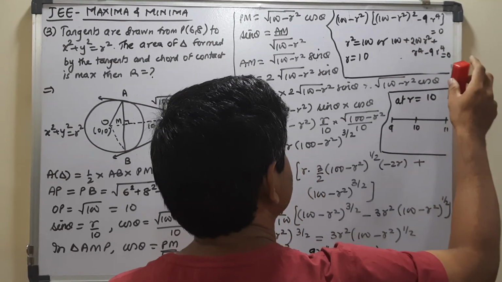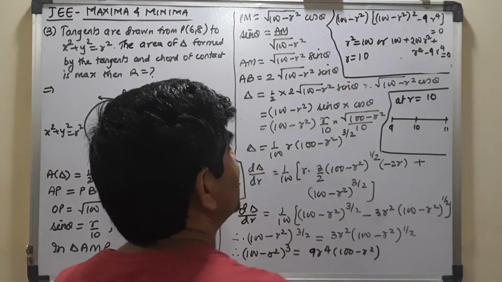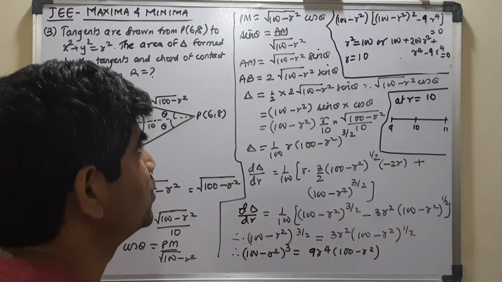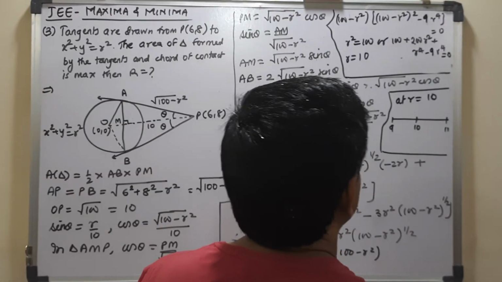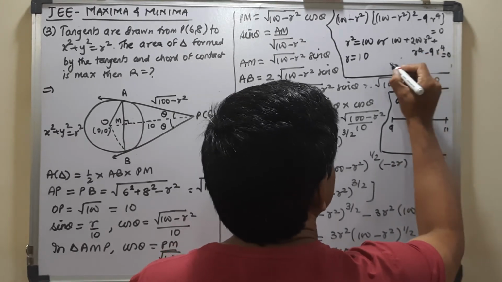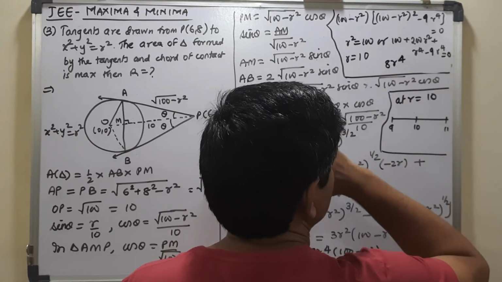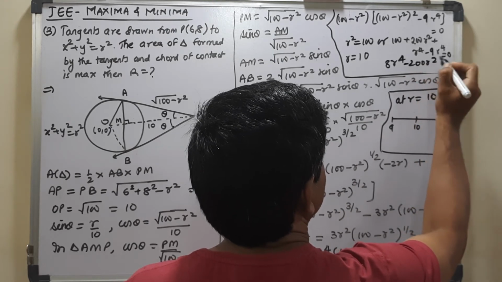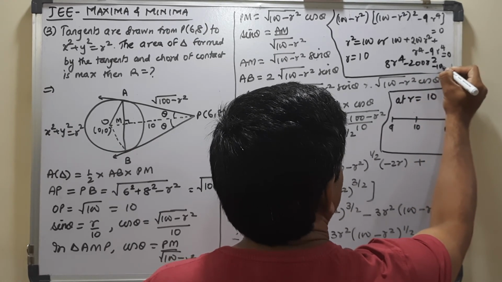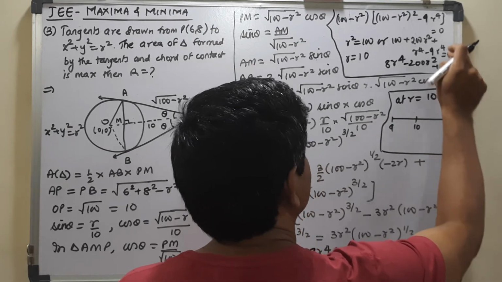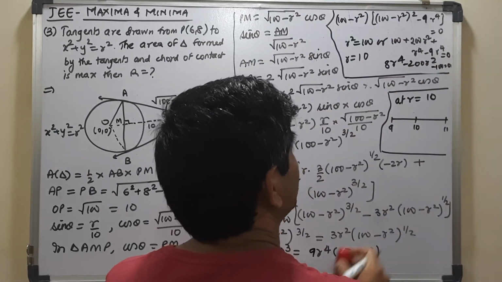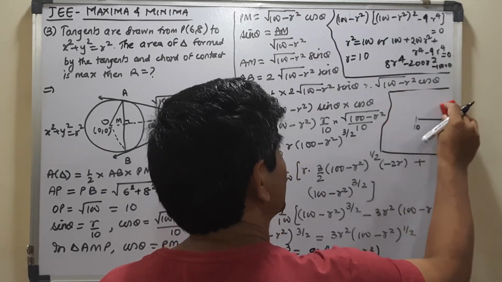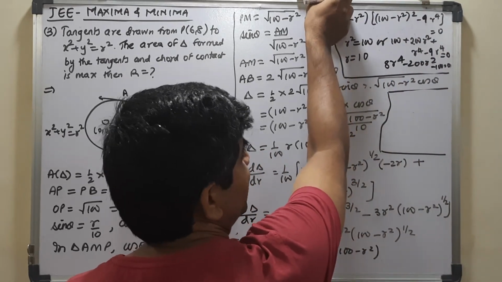This line will change. So if I change this line, this is 8, na? So it is 8r raised to 4. 8r raised to 4 minus 200r square minus 100 is equal to 0. Okay. So right now I am dropping this for a moment, and then I will move to that particular point.